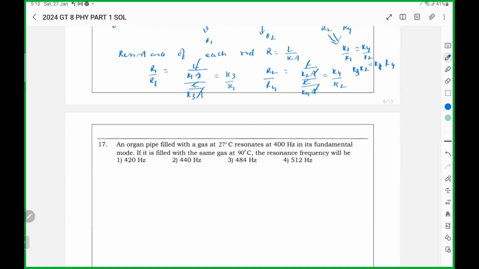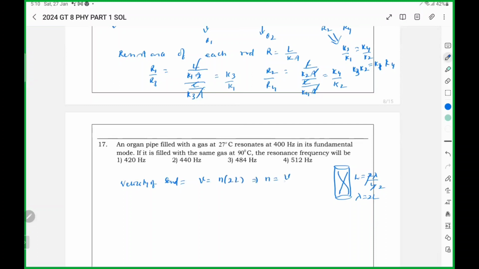Here, an open argon pipe. Here, L is 2 times lambda by 4. The velocity of sound V is N into lambda, which is 2L.